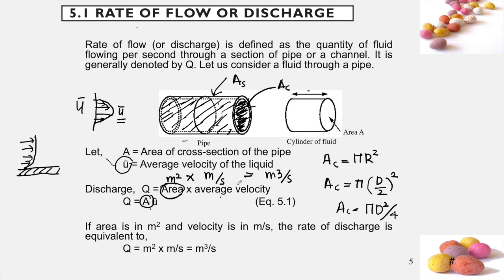You take that velocity and multiply it by the cross-sectional area to get Q, the discharge. If the area is in meter squared and velocity in meter per second, you get meter cubed per second.